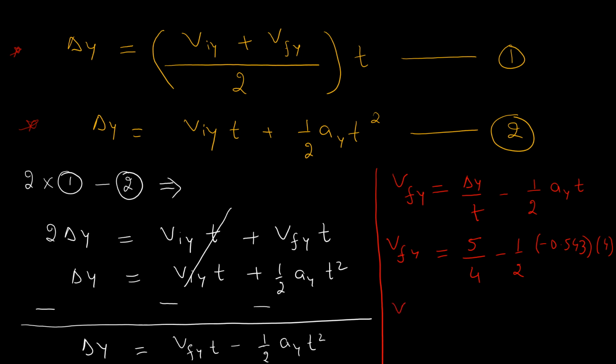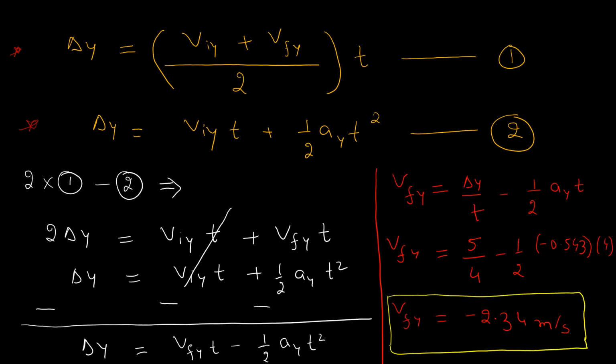When you calculate all these values, you will get the velocity equal to negative 2.34 meters per second. So this is the final answer for this problem. Thank you.